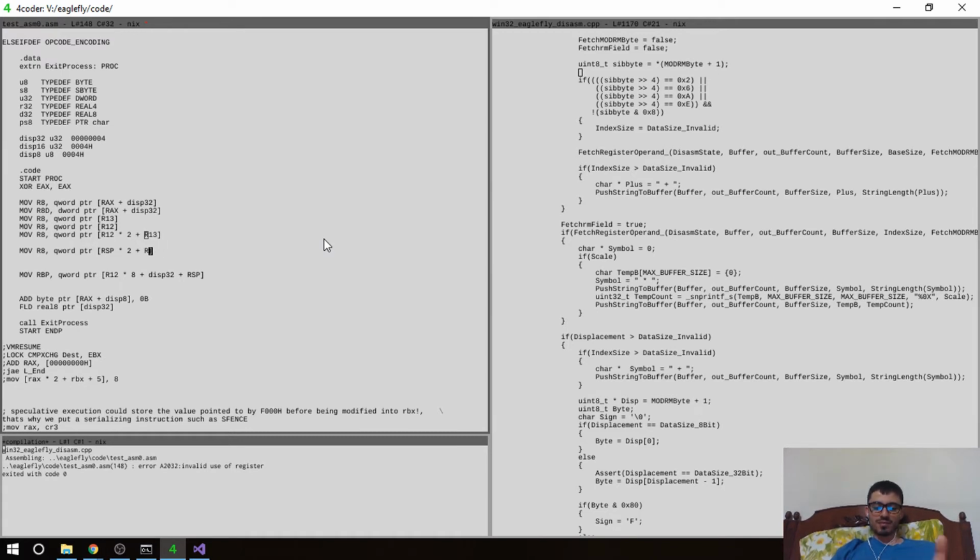if we have the B bit for the base, that means we have R12. And then if we don't have the W bit, then it means that we have this.